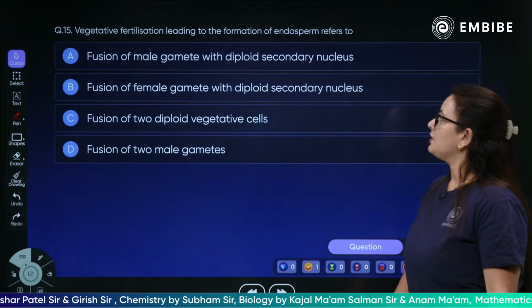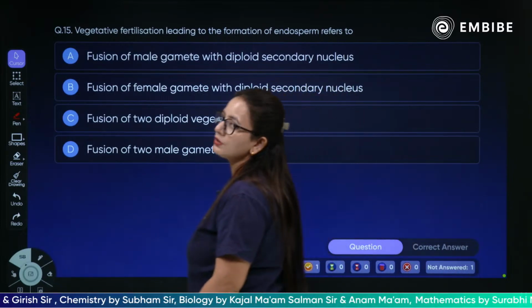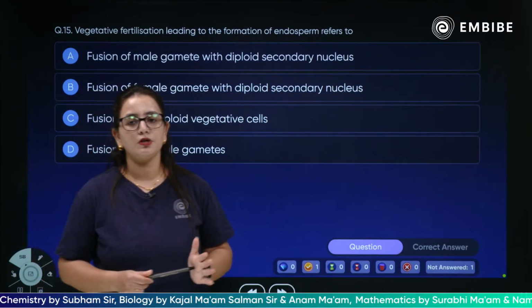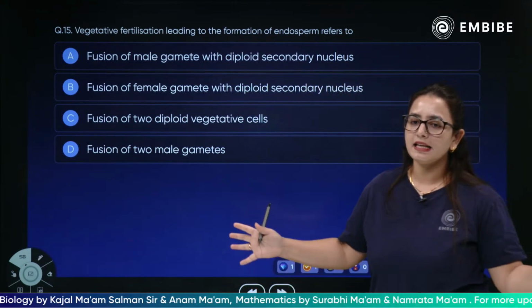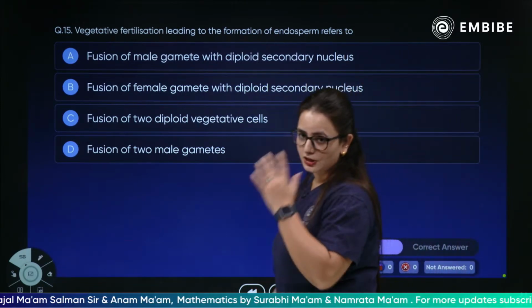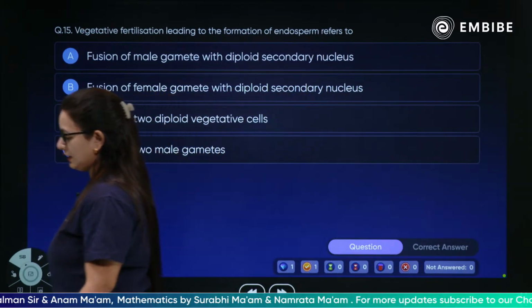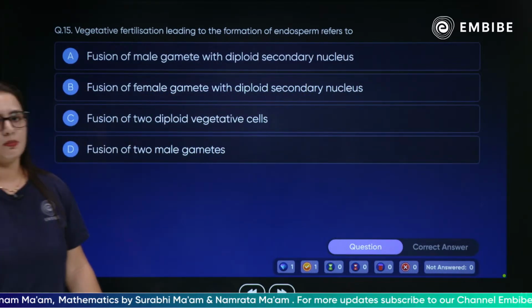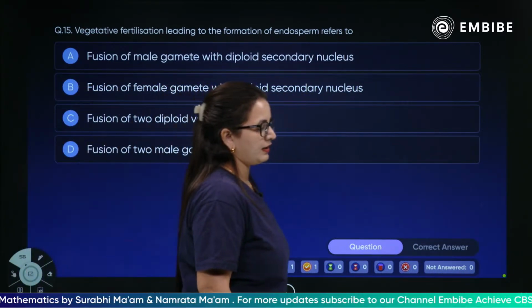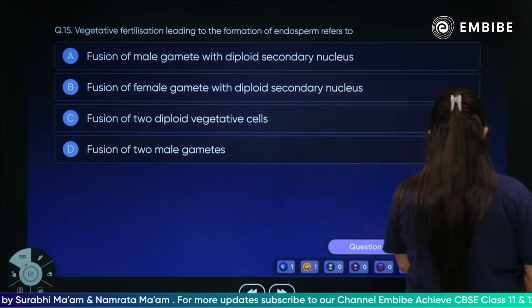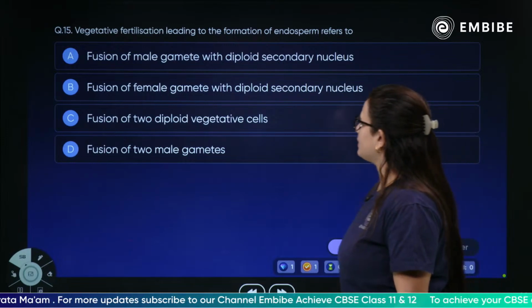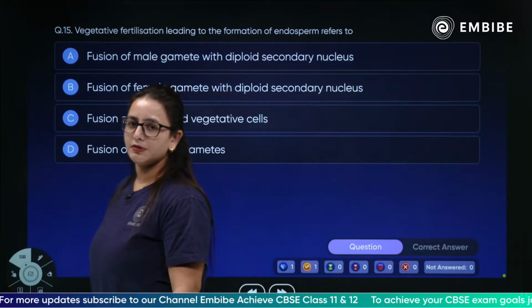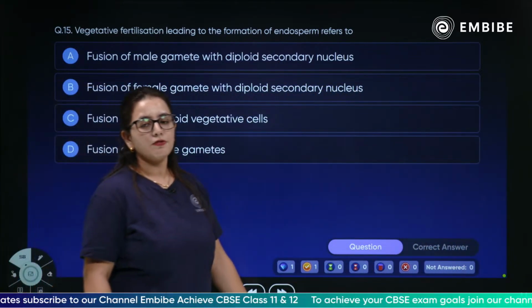Next question: vegetative fertilization leading to the formation of endosperm refers to how the endosperm is made. Fusion of male gametes with the diploid secondary nucleus, fusion of female gametes with the diploid secondary nucleus.